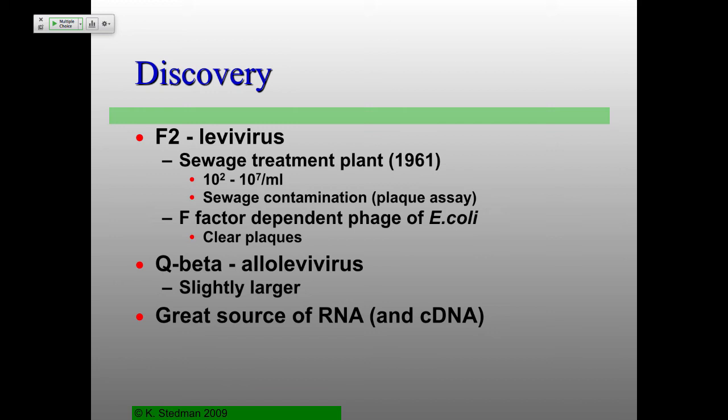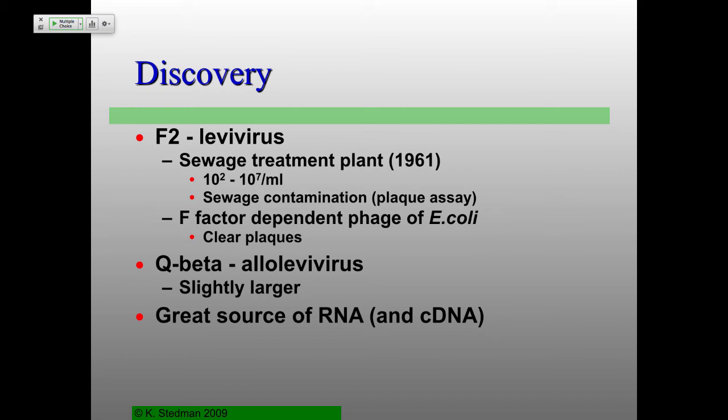There are a couple of these that have been well studied. F2 is one of them, and Q beta. Just silly names, but that's where they were found. The Q beta one is slightly larger than F2, and one of the reasons that people got really excited about these, as opposed to detecting sewage contamination, was that they turn out to be really nice sources of RNA.